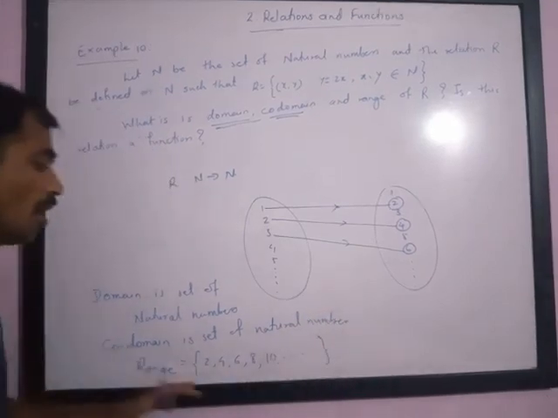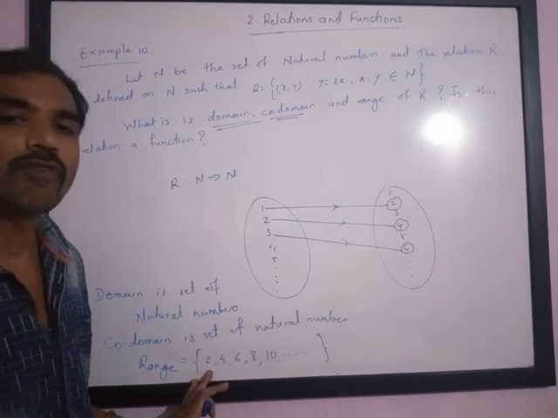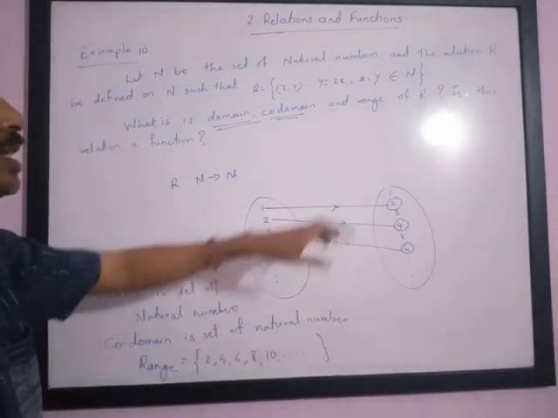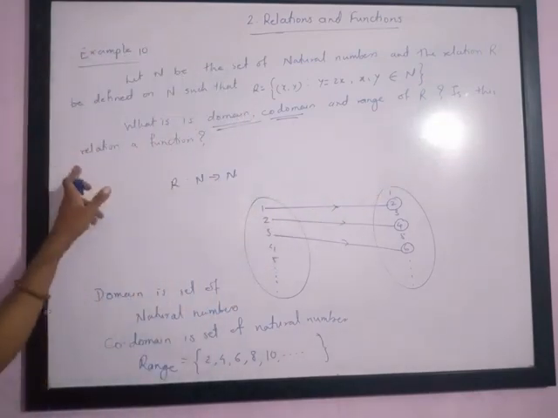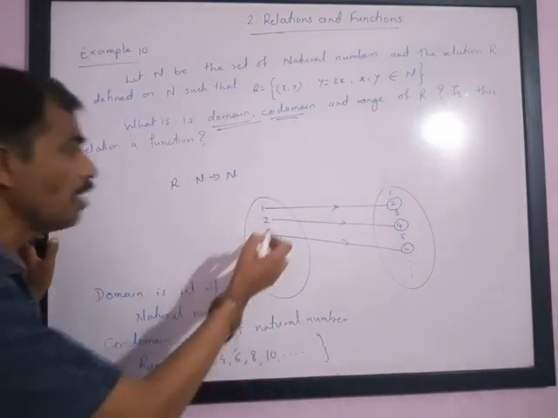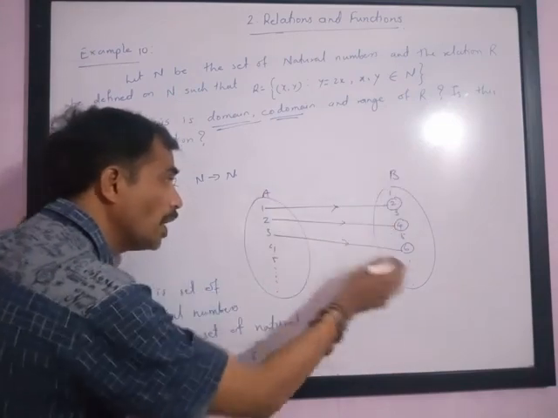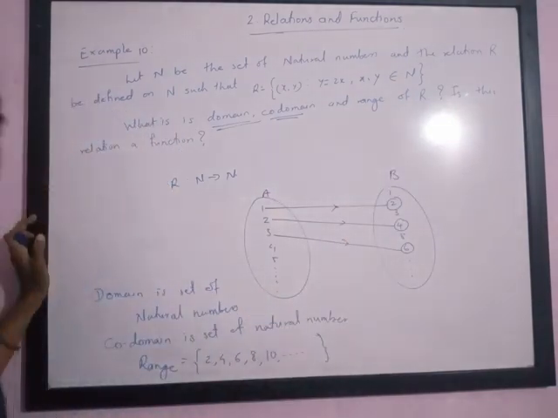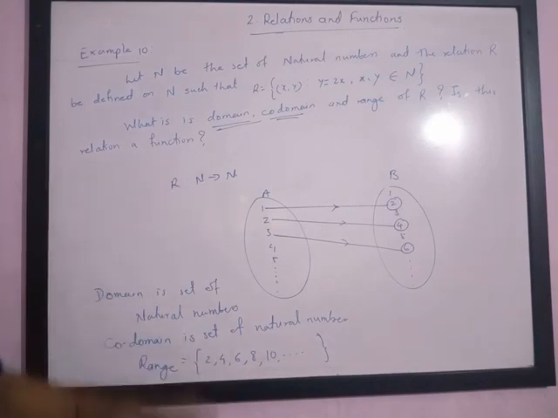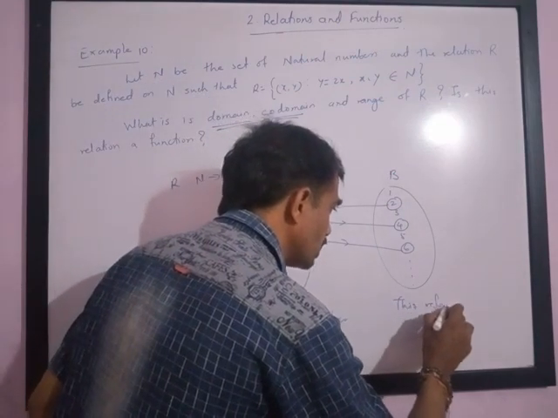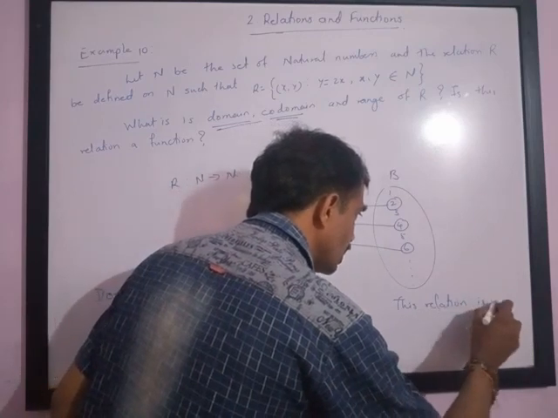You can see it is the set of all even natural numbers. Now we are asked, is this relation a function? Please note, every element of set A has one and only one image in set B. Hence this relation is a function.